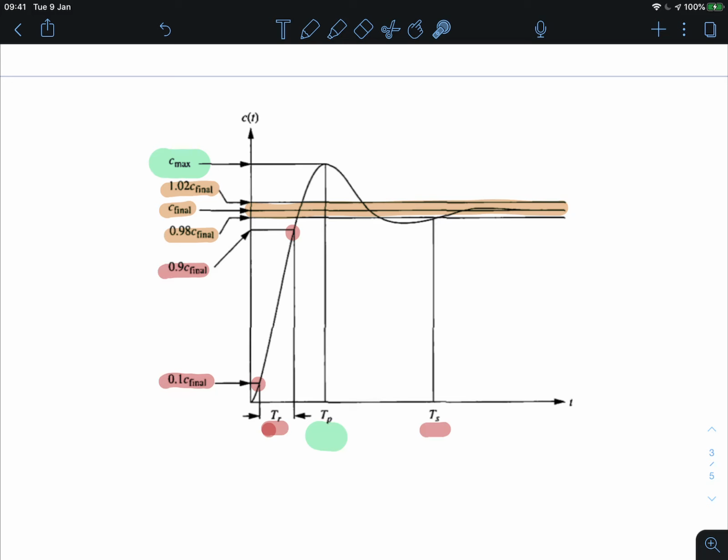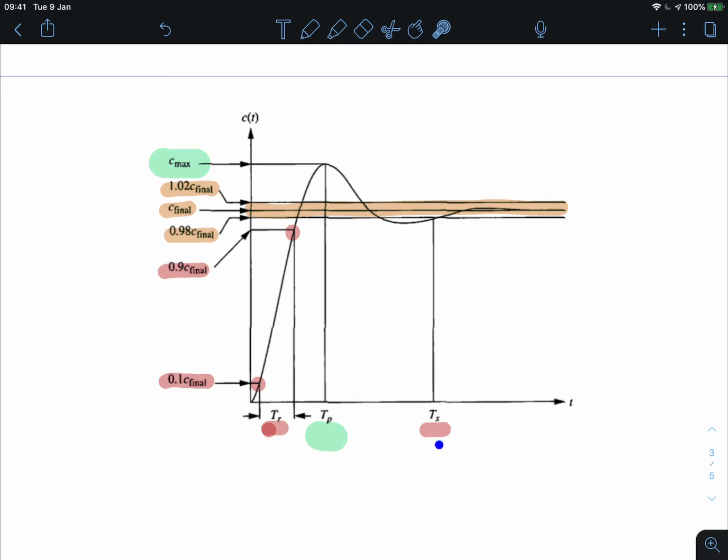So the first performance specification is the Cmax value, which helps us compute the maximum overshoot, and the peak time, the time at which it reaches its maximum value. Second is the rise time, the time it takes to reach from 0.1 to 0.9 of the C final value.